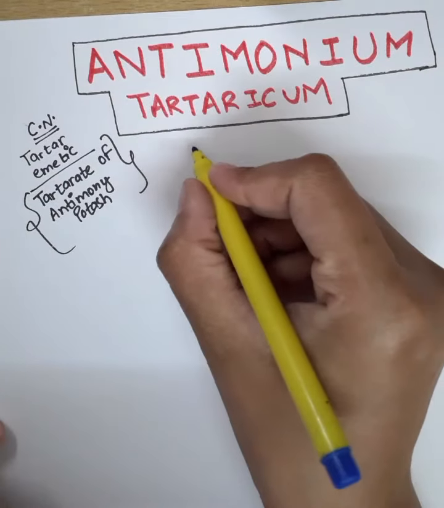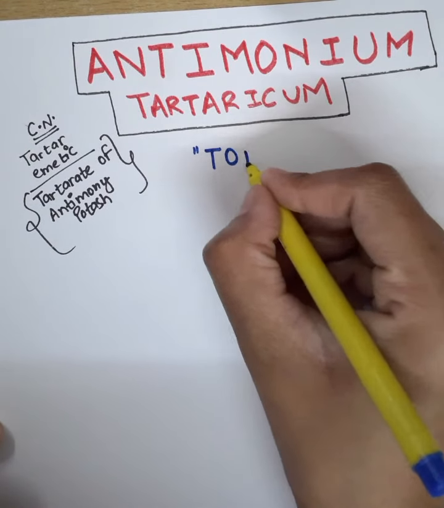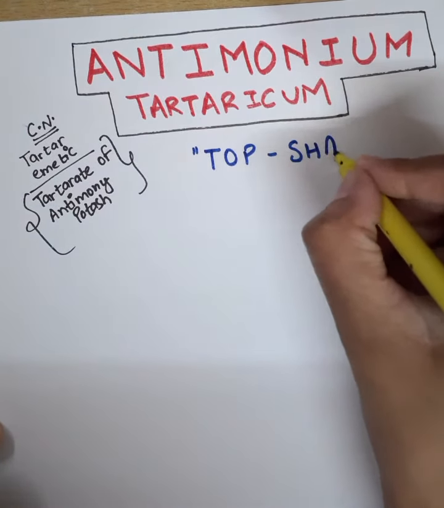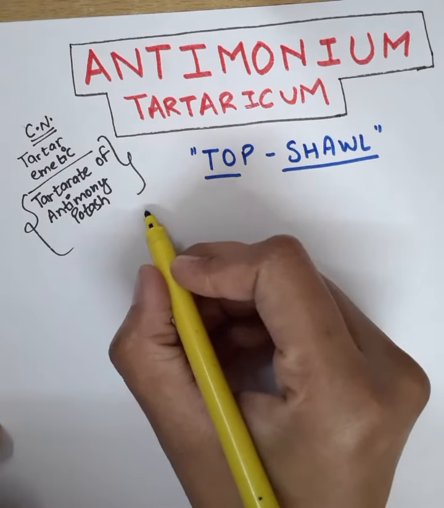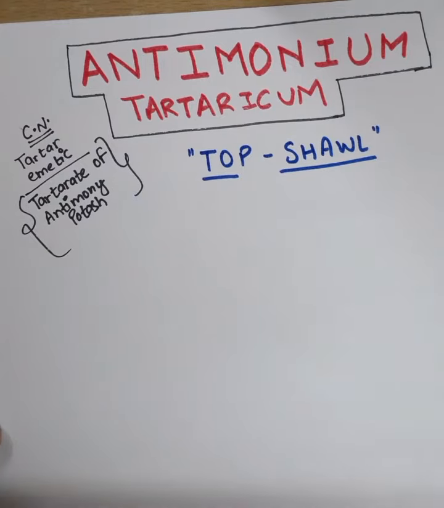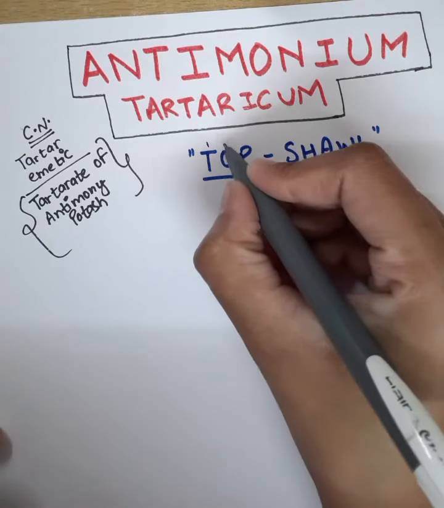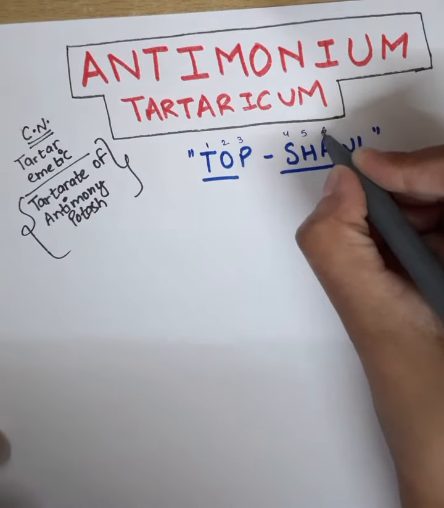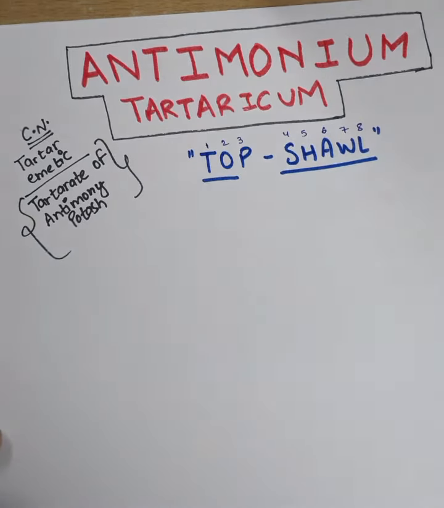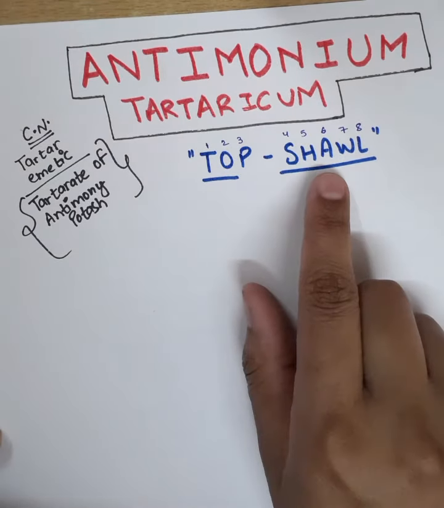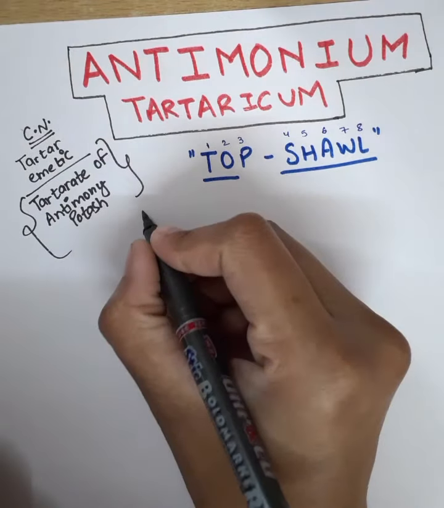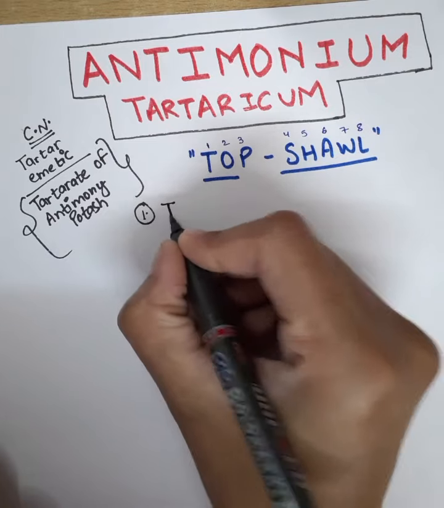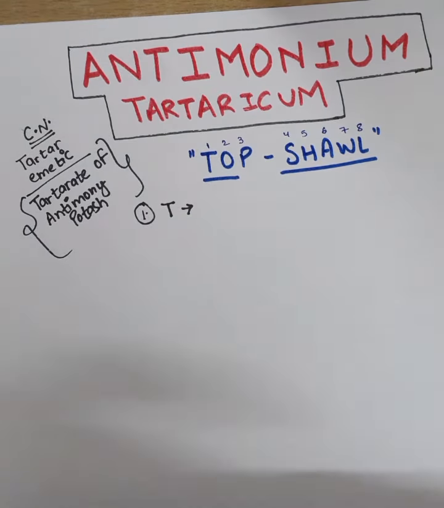The mnemonic you have to learn is TOP SHAWL, top, shawl. Very simple words, and you will be done with your whole medicine. In total I have described 8 symptoms.